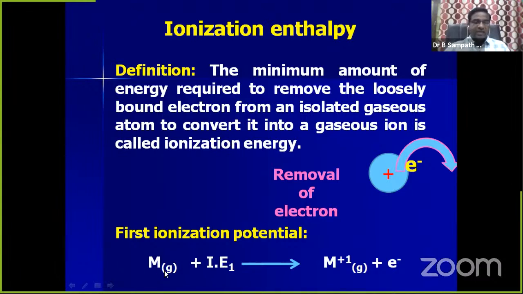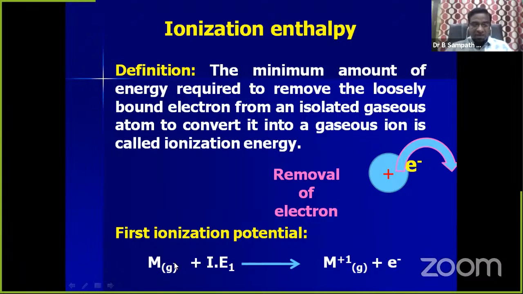So from this atom, if we want to remove an electron, we have to supply some energy. That energy is called ionization energy 1, because here we are removing the first electron from the neutral atom. That's why it is ionization energy 1 or IE1.